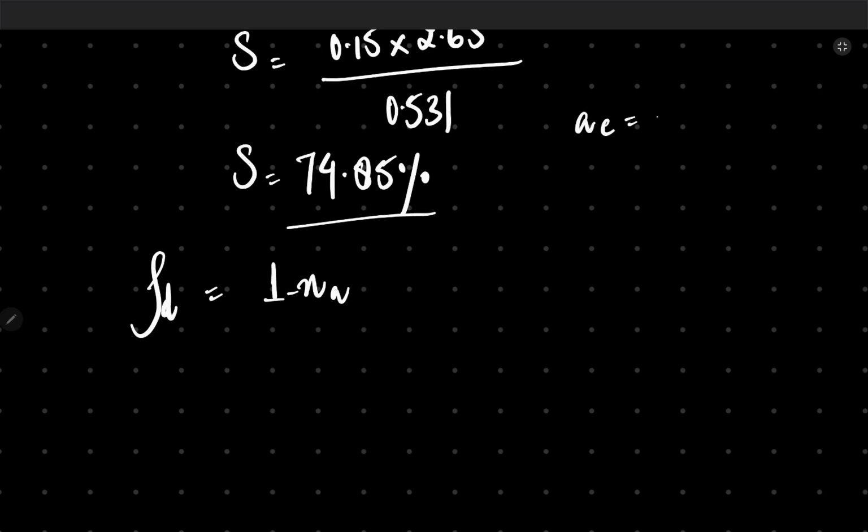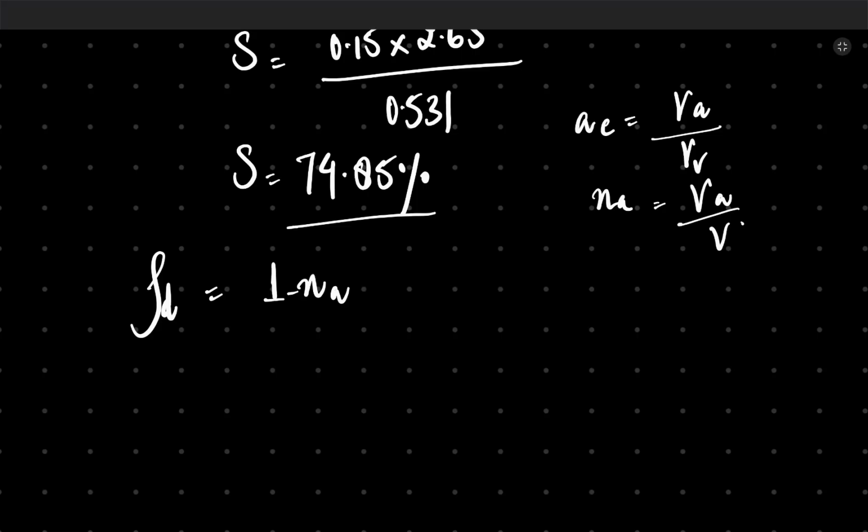Air content is volume of air to the volume of voids, whereas percentage air voids is volume of air to the total volume. I'll be using the alternate equation of dry density to arrive at percentage air voids first, and then subsequently the air content. We'll be doing our calculations.